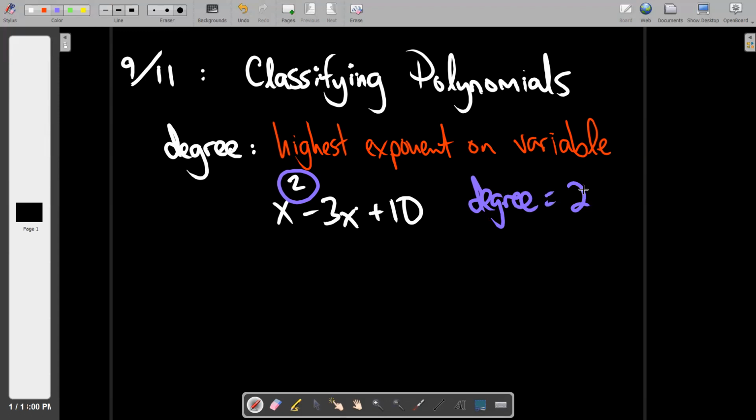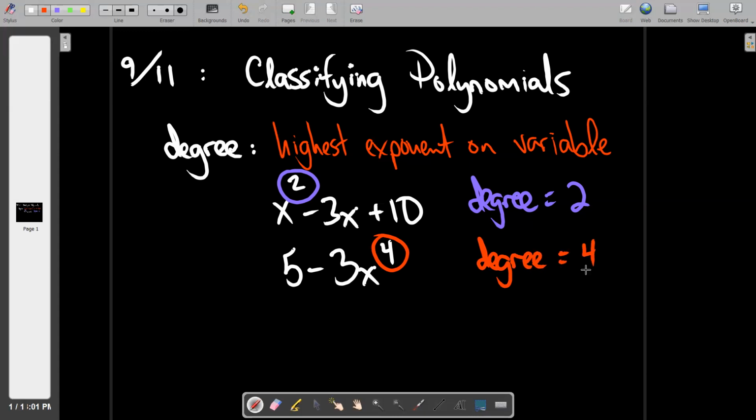And we have a name for that, and that's going to be today's lesson, is really to get to what it is called if the degree is 2. How about this polynomial? What's his degree? 4. Because I spy that on the variable x, he has a highest power of 4. So this time I would say that the degree is 4. Any questions about what degree is?